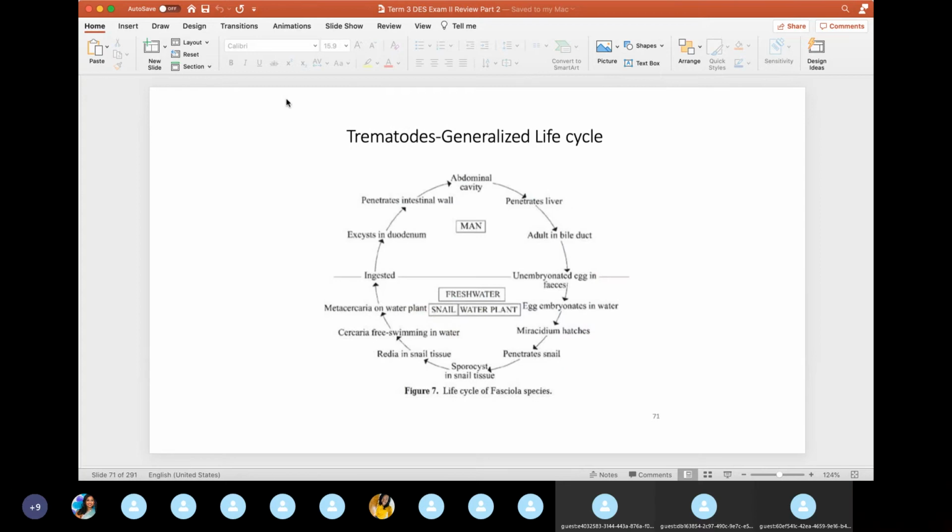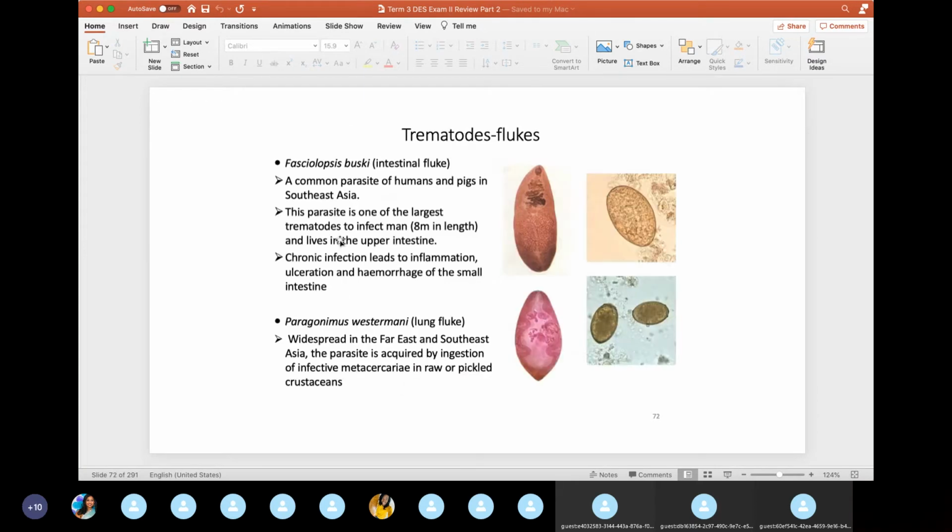For this one, remember the snail, right? Snail, and then you eat the snail, and then everything happens, right? But for this one, remember, you have a snail. This is Fasciola. Okay, that's not important. I think what's important is this. Put a star here. So different kinds, right?